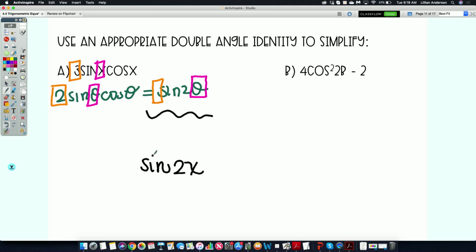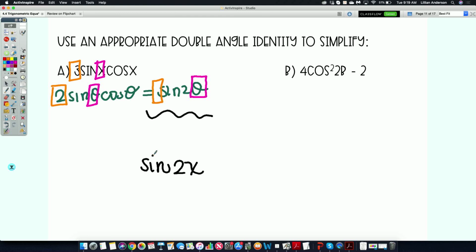I do need to do something with that 3, but I don't know what you mean when you say pull it out. Can you make that sine 3x? No, because the 3 is on the outside, so it's basically like 3 times sine x. It's not inside with the variable.